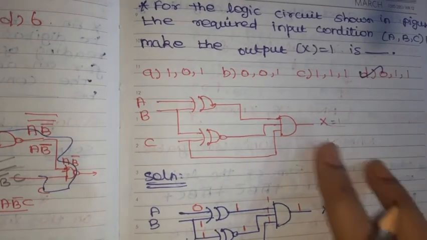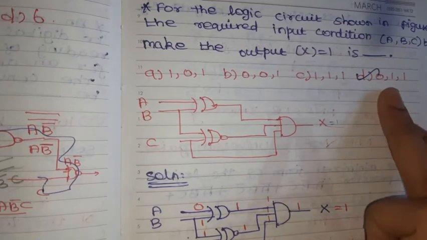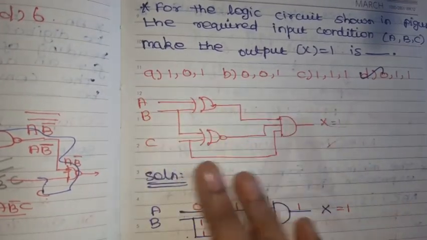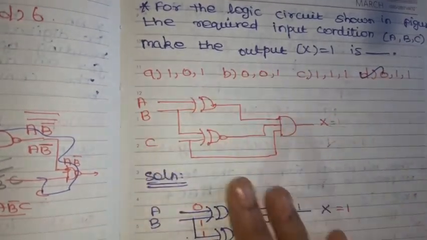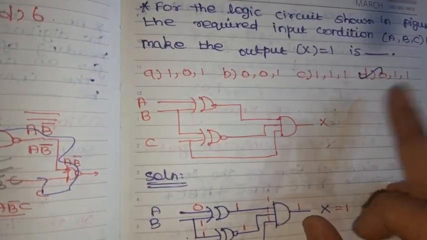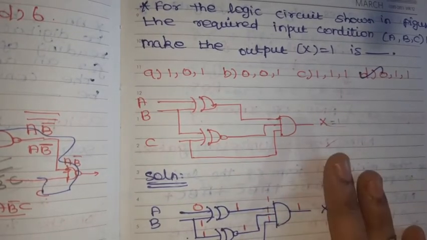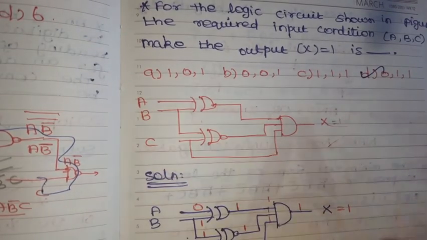There is no other way. We need to check each and every option given and then check for which combination we get 1. I have already checked the rest of the options. Answer is D. For D only we are getting 1 at output. So you need to check each and every option.